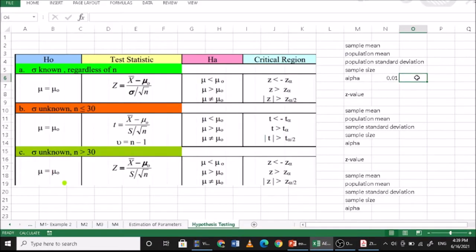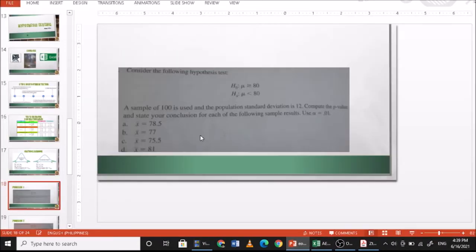So this is now negative 2.33. Then we simply input the other test values.